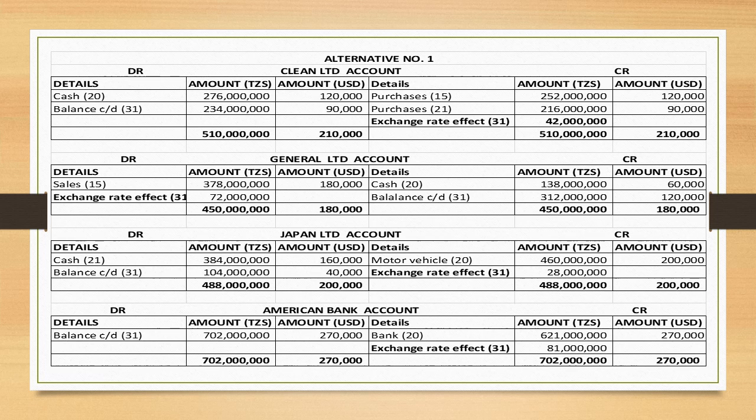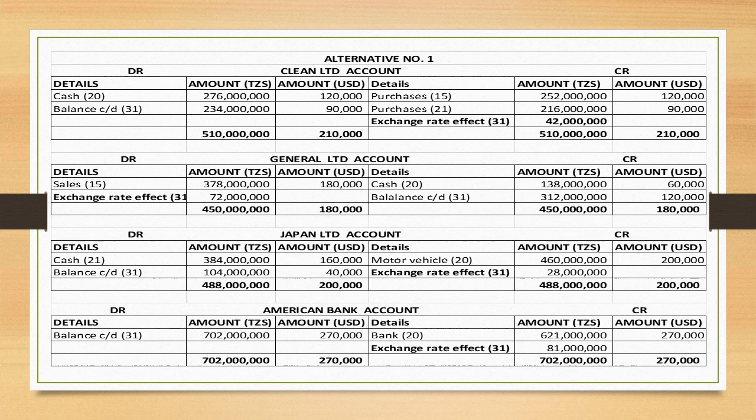But again, the same amount is due on 31st December, but the exchange rate is different from what was available on 20th. So this will give us 702 million as compared to 60.21. So if you make a comparison, you find out that there is also a loss of 81 million.